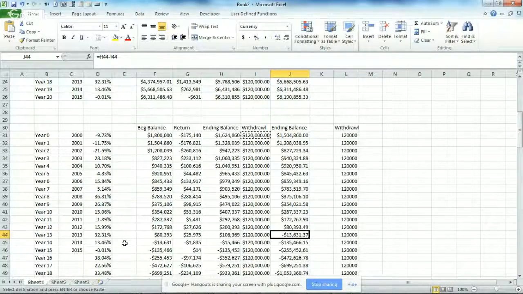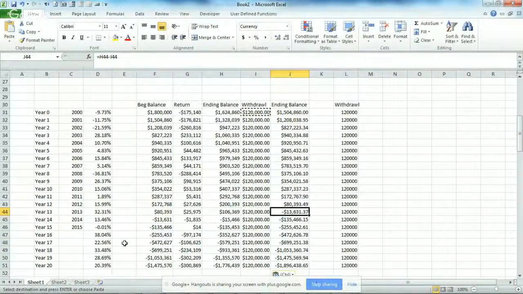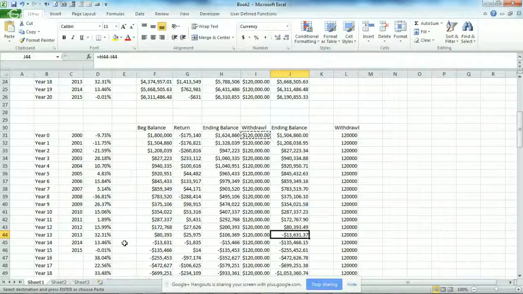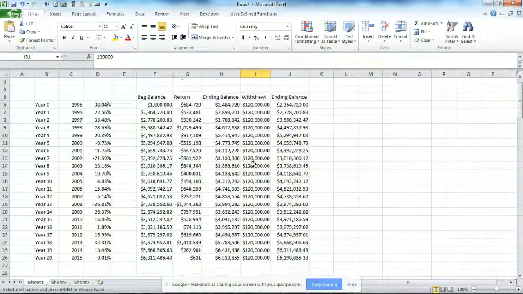One of the things that you usually hear from a lot of financial advisors, or when you're reading all this financial planning material, is that you withdraw 4% of your balance.